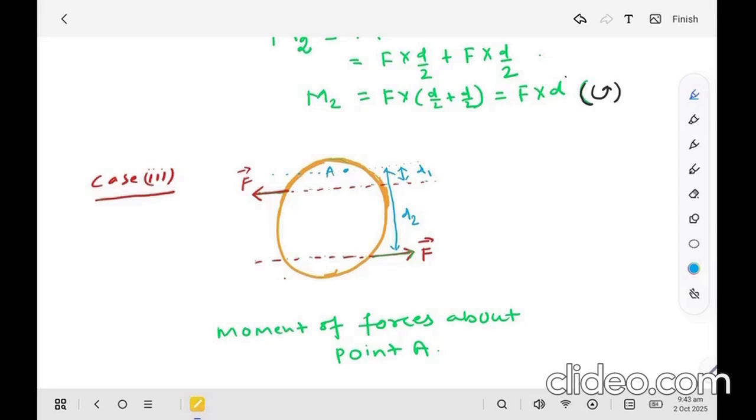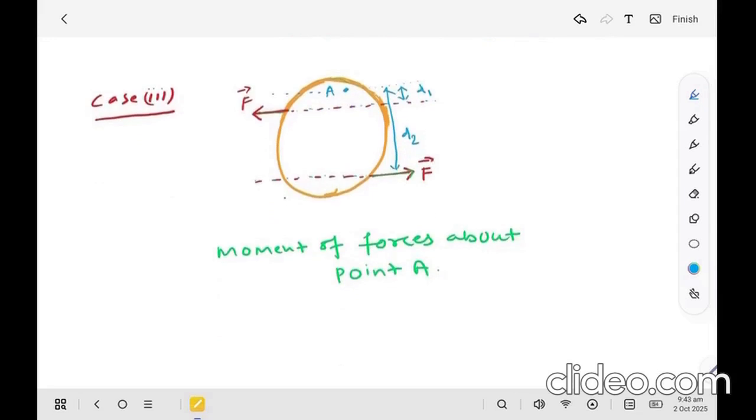The distance between point A and this force is d1, and the distance between point A and the other force is d2.